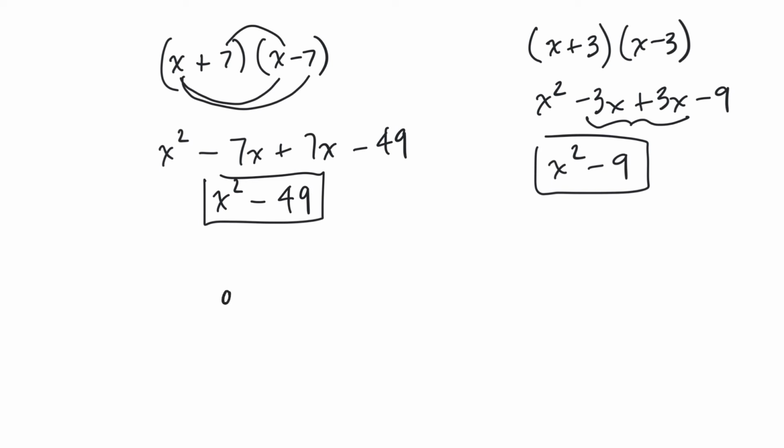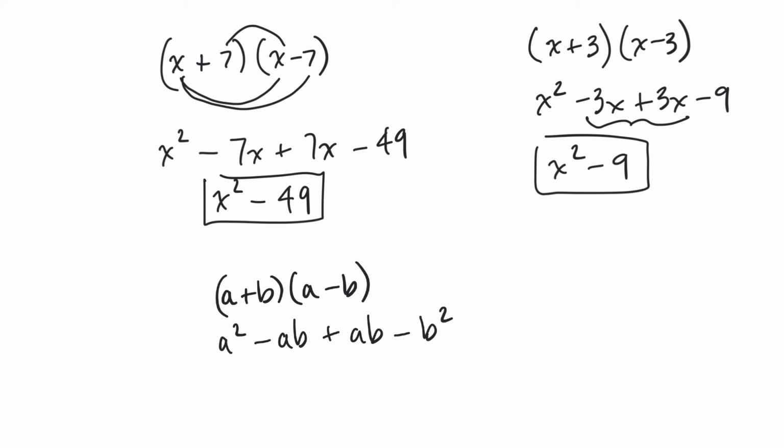So if you have something like a plus b times a minus b, we will get a squared minus ab plus ab minus b squared. Minus ab plus ab, those will cancel each other out. I'm left with a squared minus b squared. This is the pattern for when you're multiplying conjugates, and it's always going to be the square of your first term minus the square of your second term.